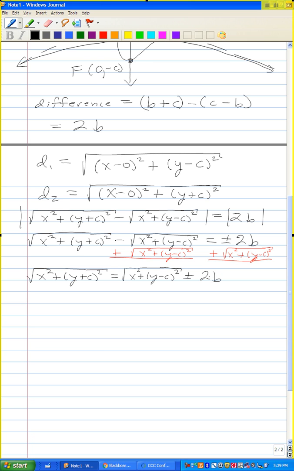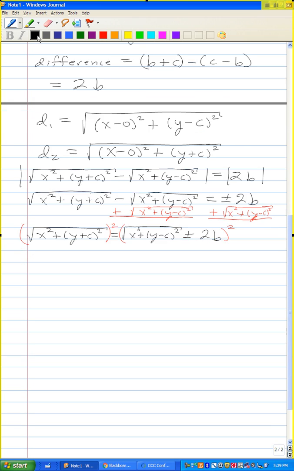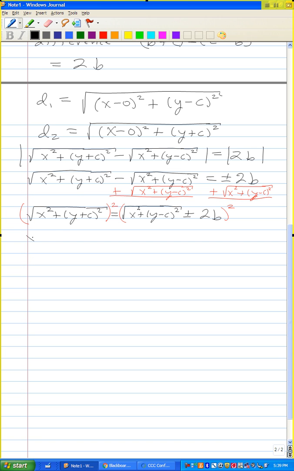Let me square both sides of my equation to get rid of the square root. And so you get x squared plus (y plus c) squared equals x squared plus (y minus c) squared plus or minus 4b radical. I need more room.